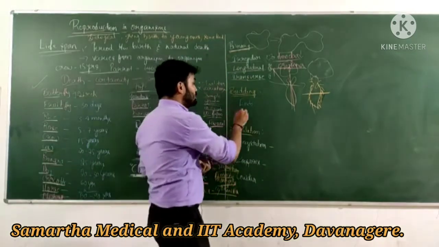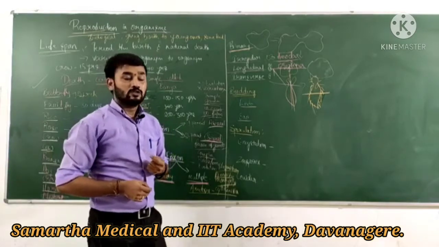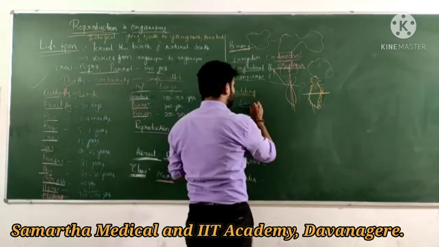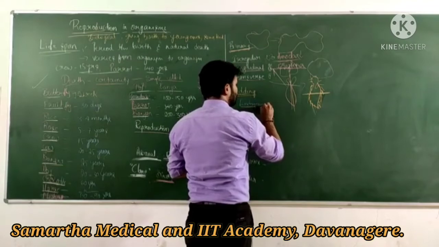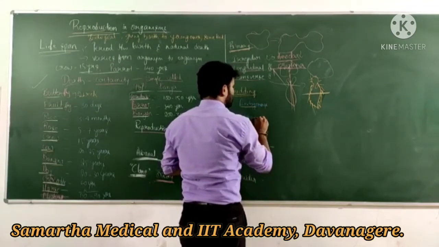So, budding is of two types. One is the endogenous type, another one is the exogenous type. What do you mean by endogenous budding? Endo refers to what? Inside. Exo refers to what? Outside.